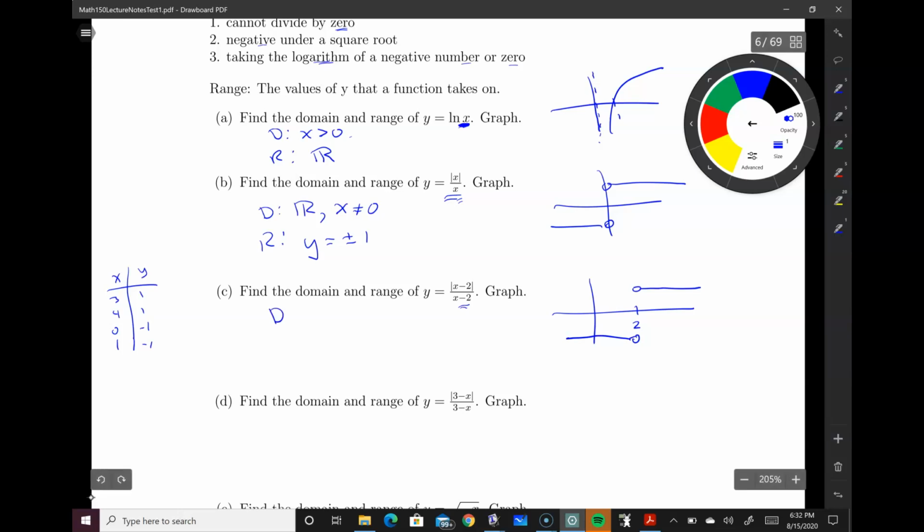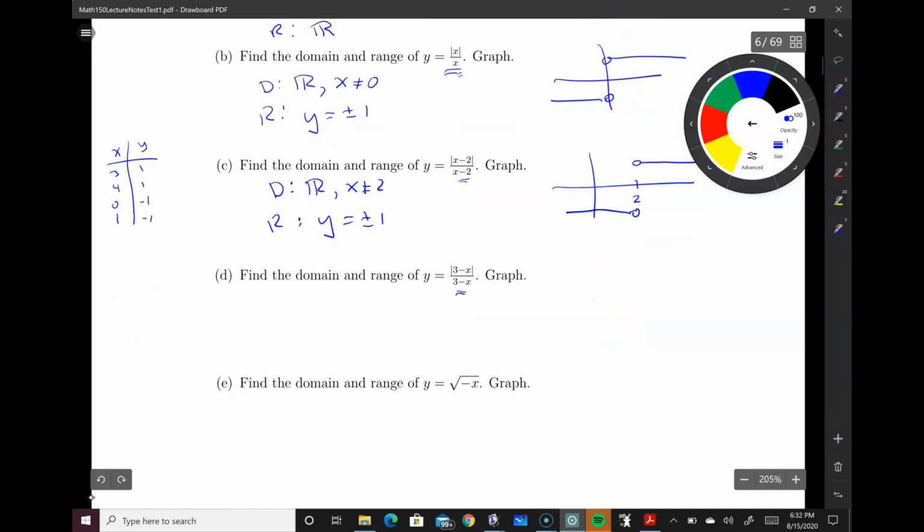All right, so what's the domain? The domain will be all reals except 2. And the range, again, will just be plus or minus 1. Oh, I'm playing with this one again. So try plugging in a few points. I think this is the best way to do this. I'll keep close to the number 3. If I put in the numbers 4 or 5, to the right of 3, I end up getting -1.